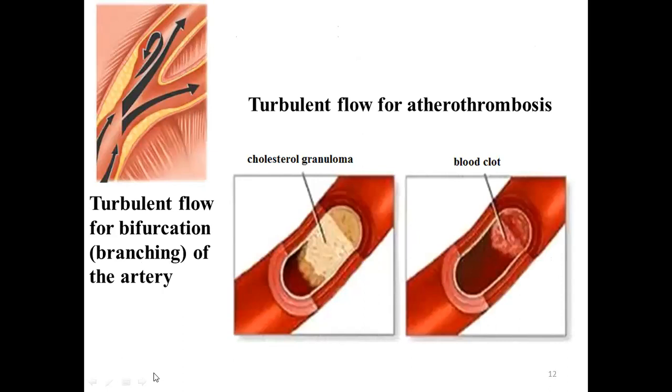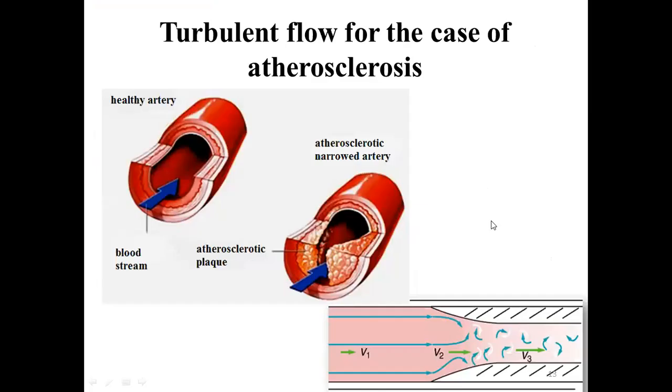Here in this picture, you can see the mechanism of formation of deposits in the places of branching of our vessel and formation of cholesterol deposits or, for example, a blood clot. Here in this picture, you can see the difference between a clear artery and an artery with atherosclerotic plaques.